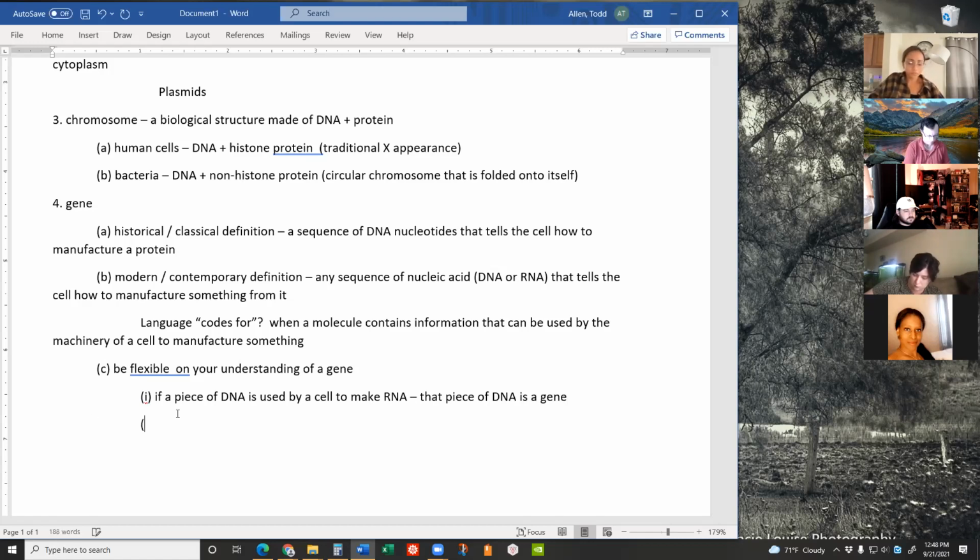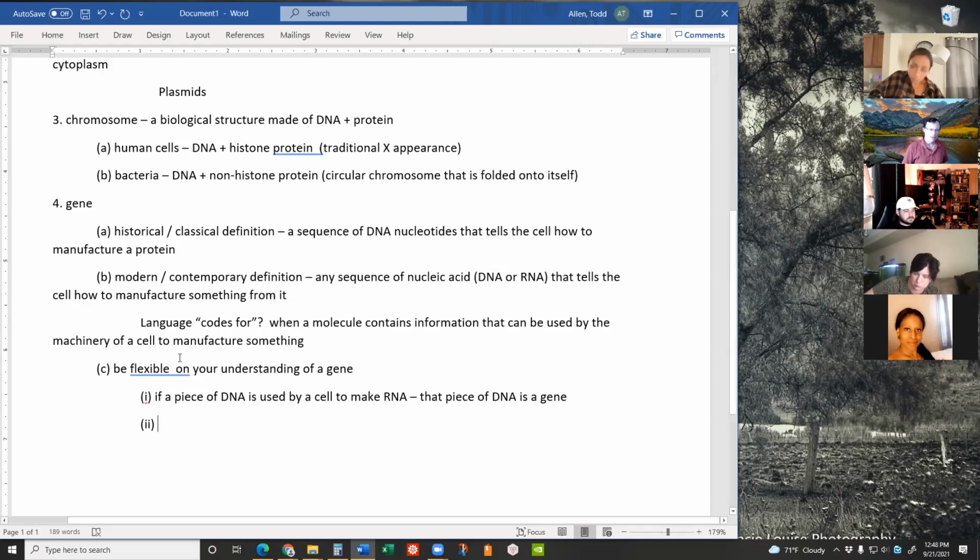Even today, I teach a sophomore level genetics course. We really have to wrestle with the historical definition of a gene, because that's been burned into students' minds for such a long time that that's what a gene is, a sequence of DNA that tells a cell how to make a protein. Well, it is, but there's more to the story.